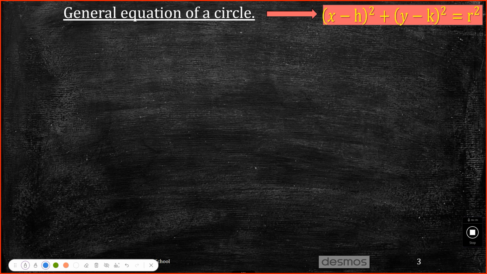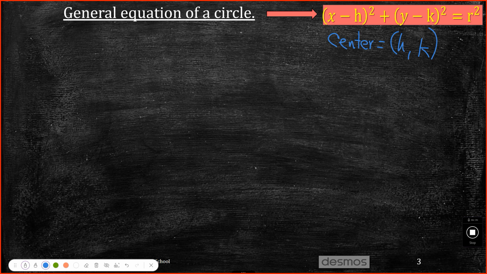This is the general equation of the circle: x minus h squared plus y minus k squared equals r squared, where h and k will be the center of the circle. So the center of the circle is equal to whatever h and k are. Yes, h and k.